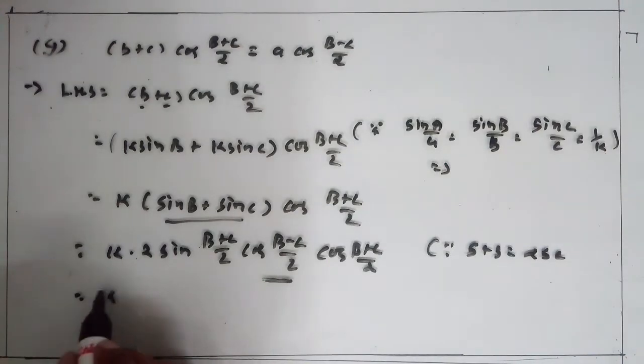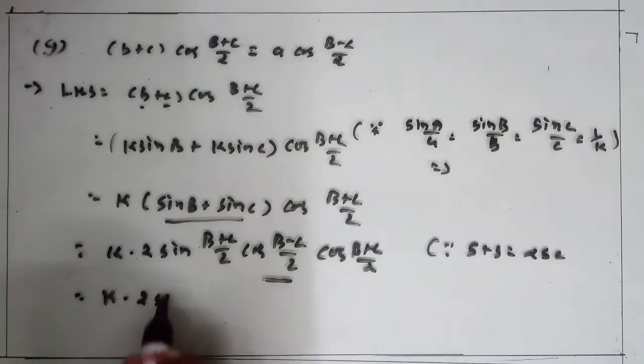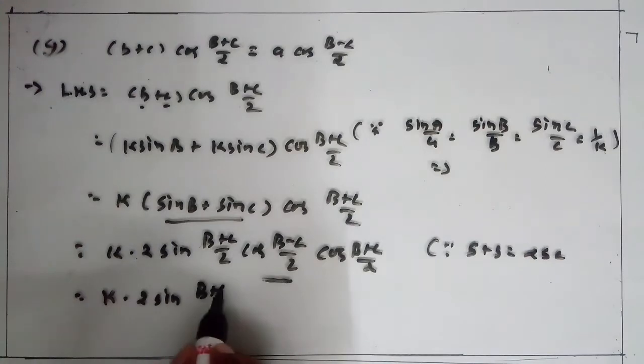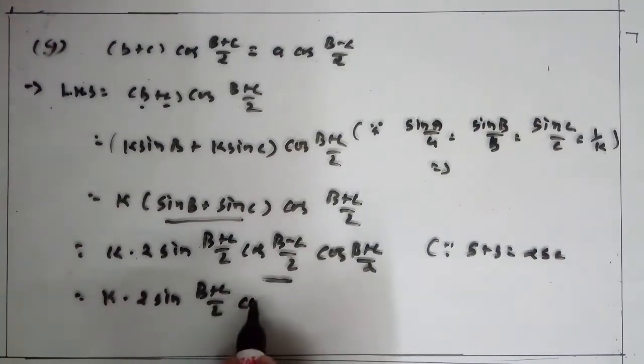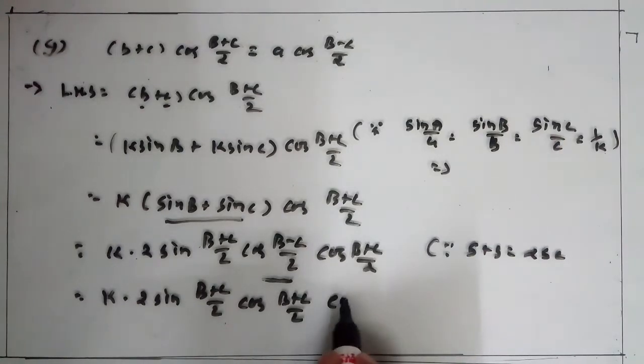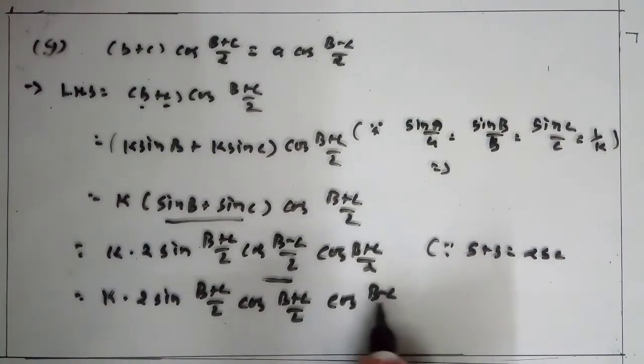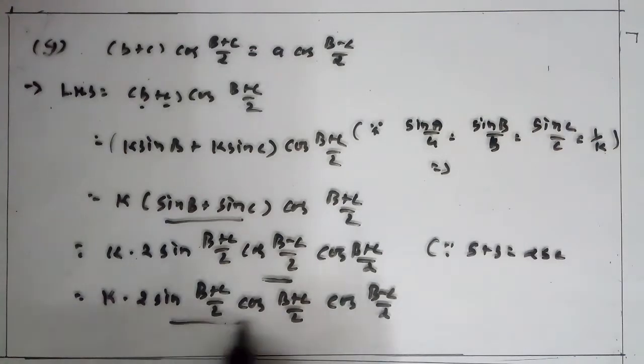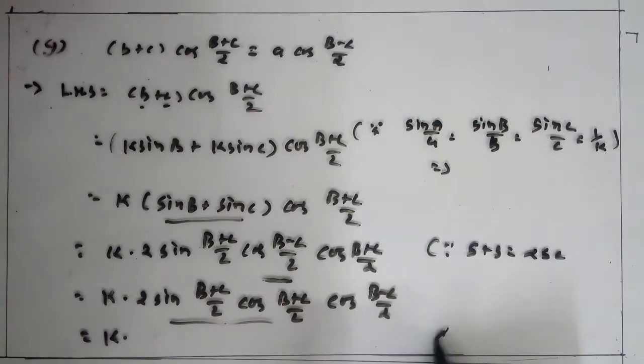So k into 2 sin((B + C)/2) into cos((B + C)/2) into cos((B − C)/2). Now you know that 2 sin θ cos θ is equal to sin 2θ, remember this formula.